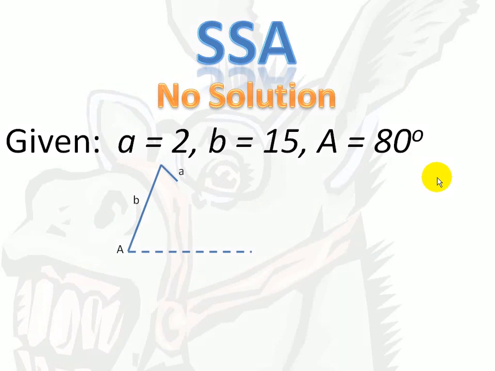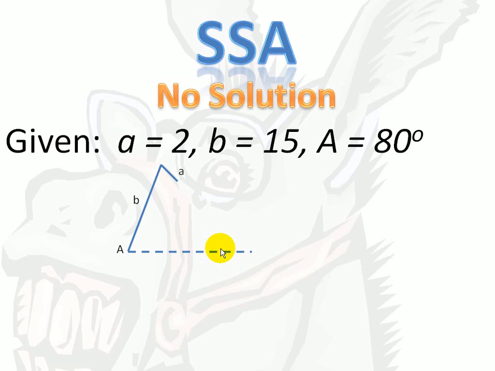Let's suppose that you were given that lowercase a is 2, lowercase b is 15, and the angle is 80. Well, look at this. Here you have an angle of 80. B is 15, so you go way up here, and then A is 2. A is not long enough to reach down and complete the triangle. So this is a situation where you have no solution.